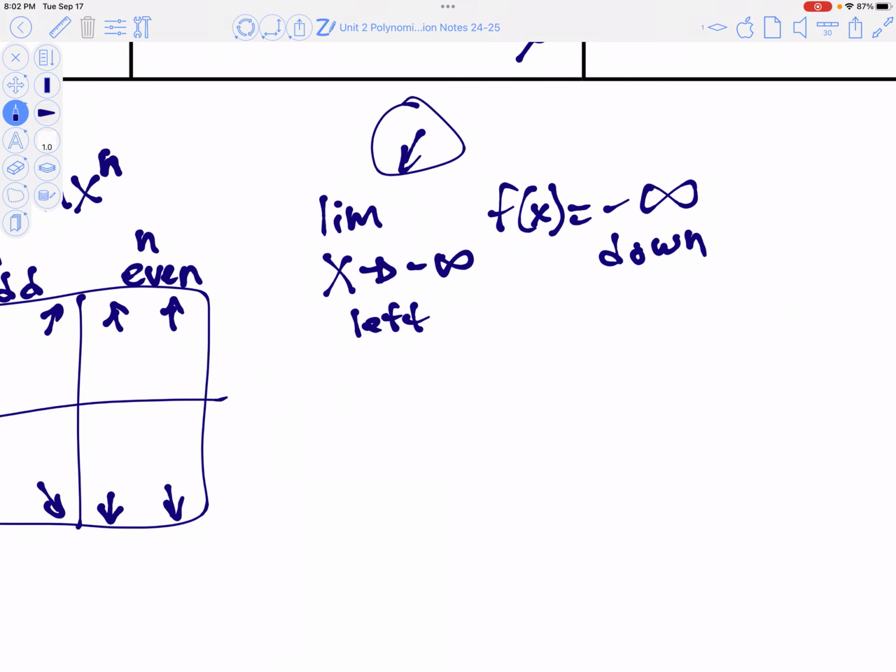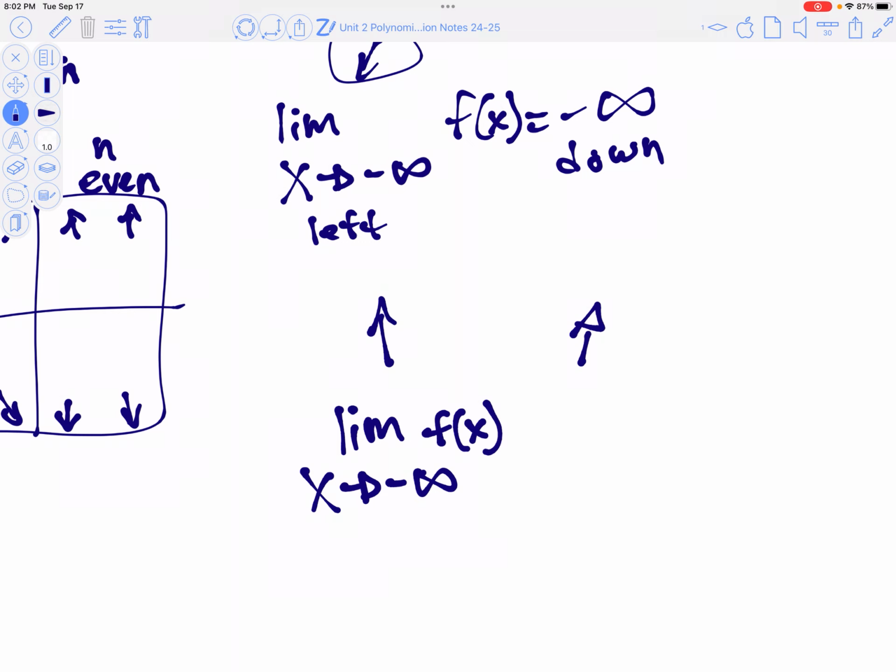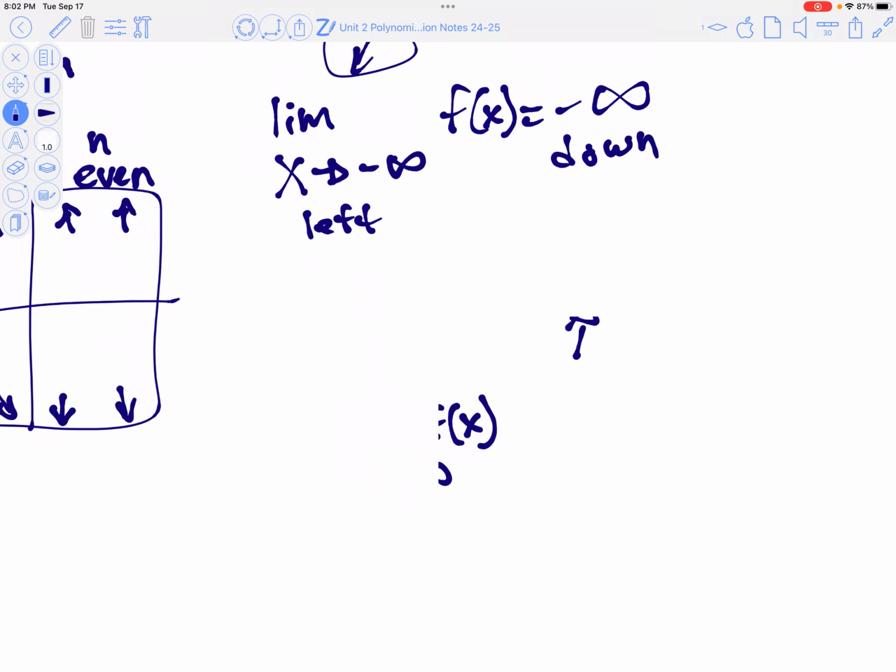What if I wanted to describe this end behavior? I'd say the limit as x goes to negative infinity, so we go towards the left, the more negative inputs, then the function, as we plug in bigger and bigger negative x's, is going to get more and more positive, bigger and bigger.